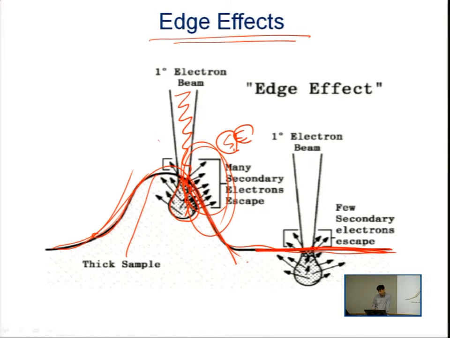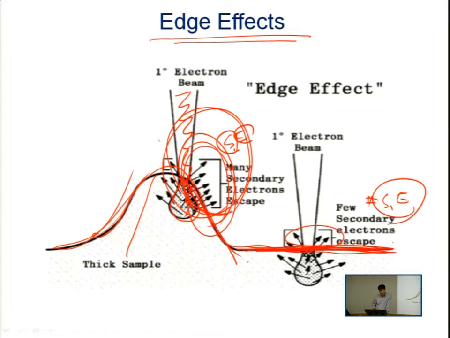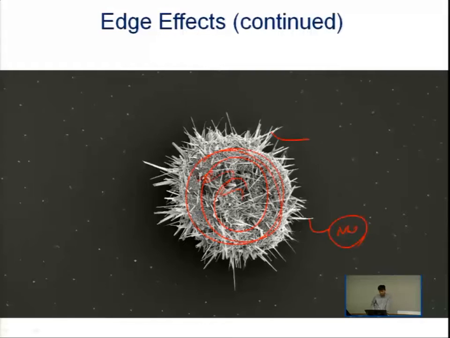A flat surface has much less surface exposed, so compared with this case, the number of secondary electrons is much lower. That is why a flat surface looks much darker than very sharp and extruded structures. We call that the edge effect.